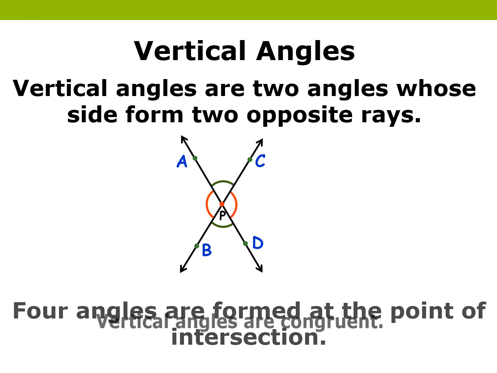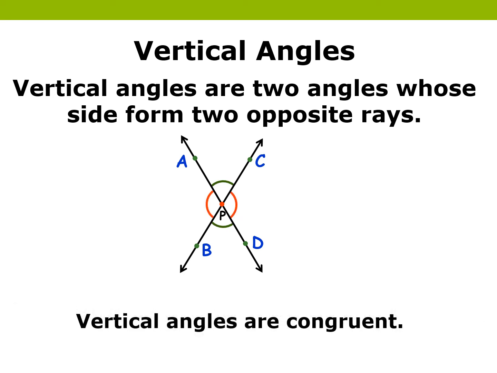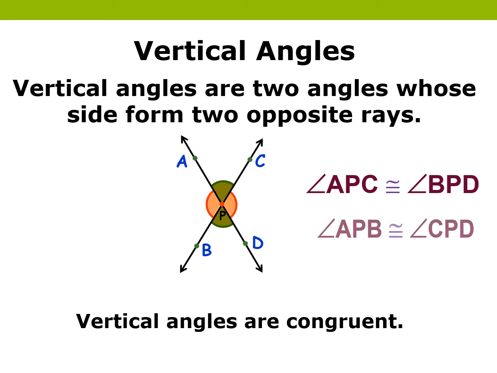Vertical angles are congruent, according to the vertical angle theorem. So angle APC is congruent to angle BPD, and angle APB is congruent to angle CPD. So that's the concept of vertical angles.